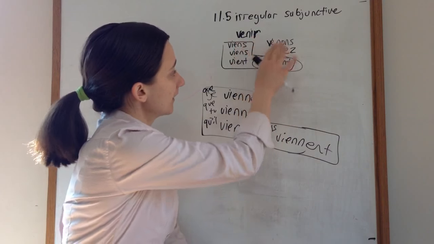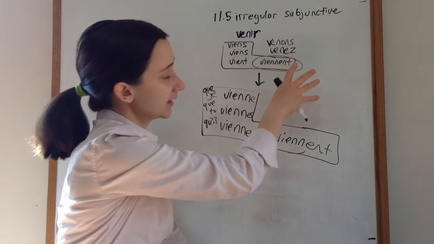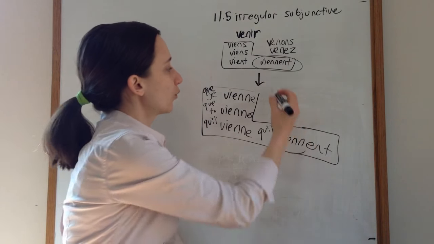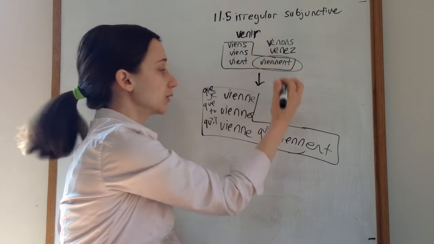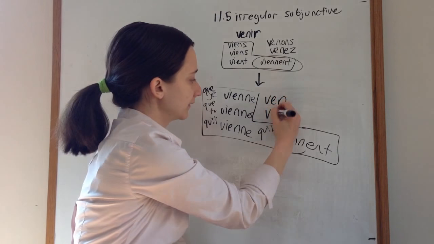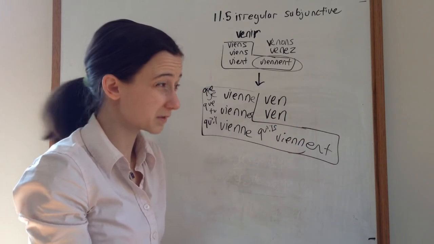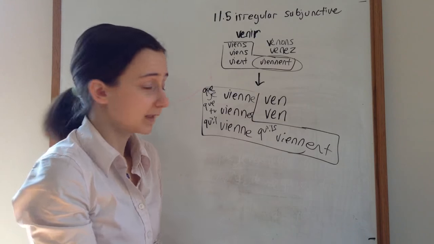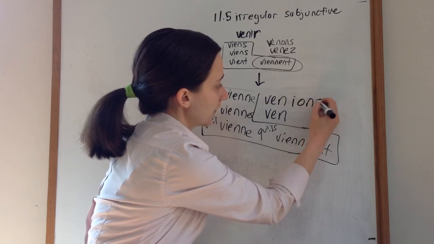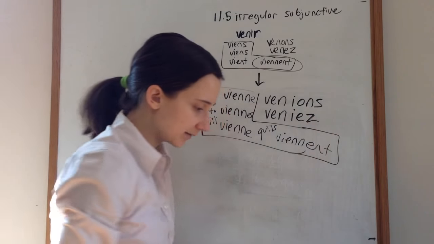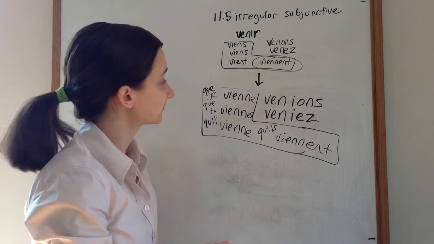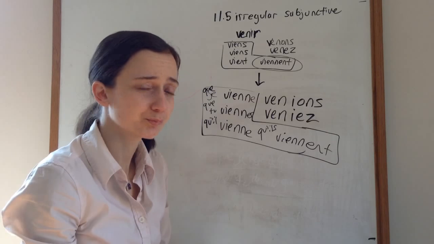But since we have one that has the two stems in the present indicative, we're going to do the same thing. We're going to go back to the regular V-E-N. So it's really pretty simple. We're using what we should already know. And then we add the IONS and the IEZ. Really pretty simple there.